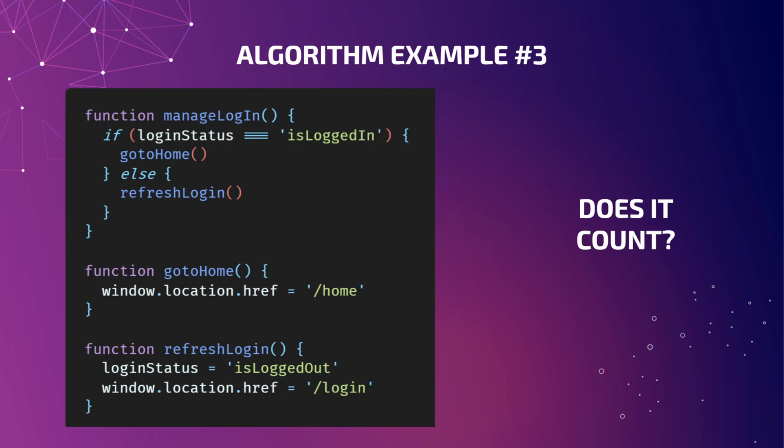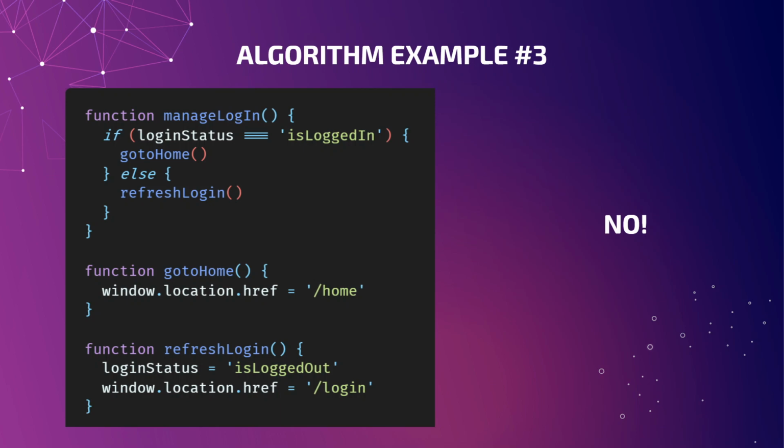So I would assume that this code is running on the login page. So does this count? This one does not count, and it's pretty close, but probably no. Where it's not going to make it is, yes, I understand that there's a main function, manage login, that has an if else statement inside of it.